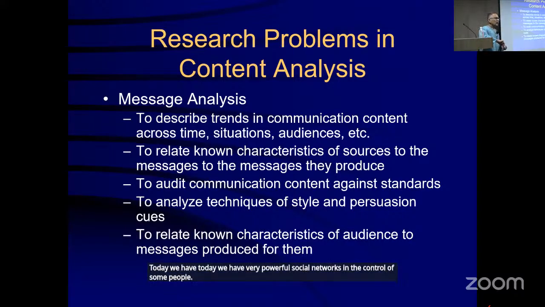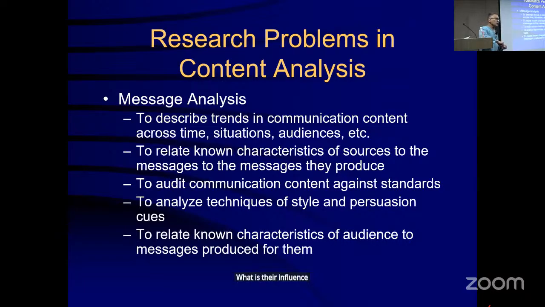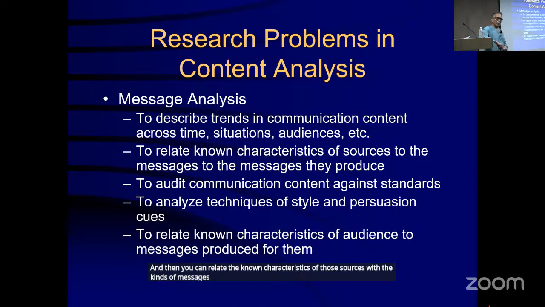What is their influence on that particular platform? You can't answer this through your pet political views. You'll have to do an analysis of the existing content, and then you can relate the known characteristics of those sources with the kinds of messages they produce or allow.